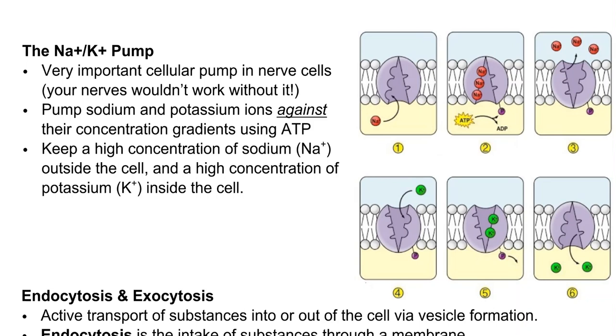So what happens here is that we've got our cell membrane, and we've got a protein. This is a protein channel, or a protein carrier, I guess we should say. The sodium inside the cell binds to here, and then an ATP comes in and adds a phosphate group to the protein, and that changes the shape of the protein.